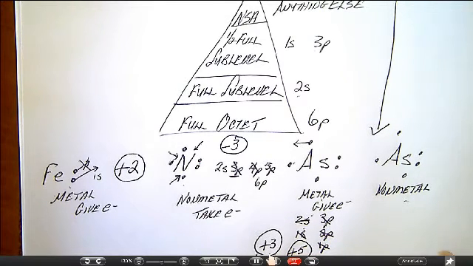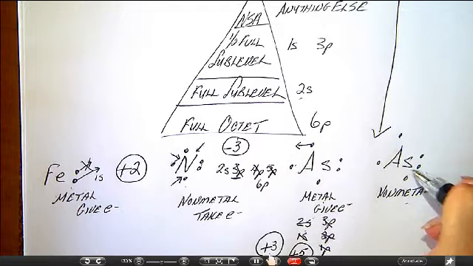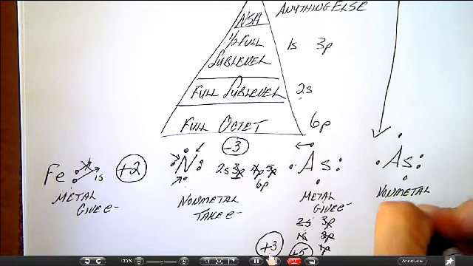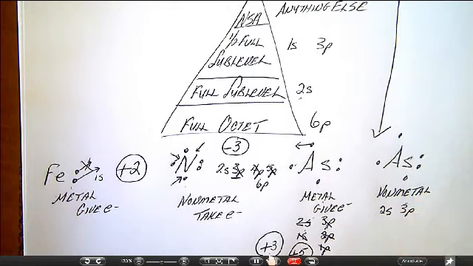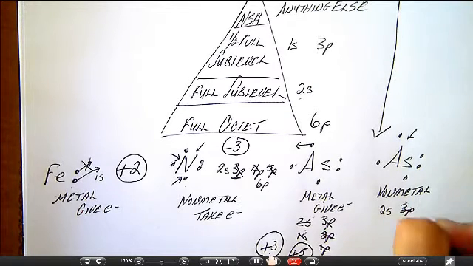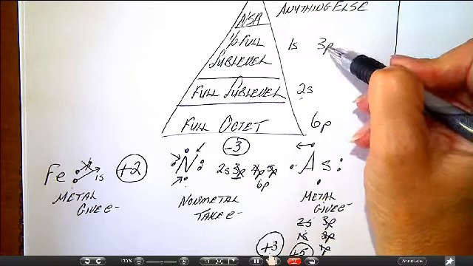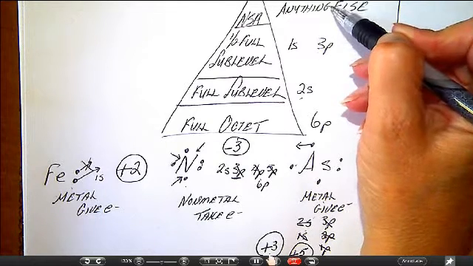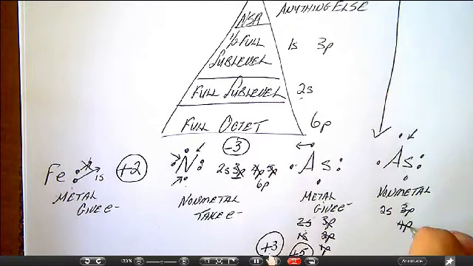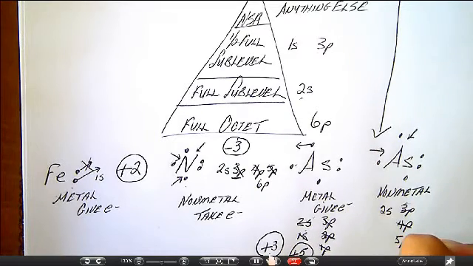Now we're going to do the same thing as we did with the nitrogen with the second part of arsenic. So again, we're at 2s, 3p. We're going to take 1. 3p becomes 4p. And as before, we went from half full to NSA, not good. We're going to take another, 5p.